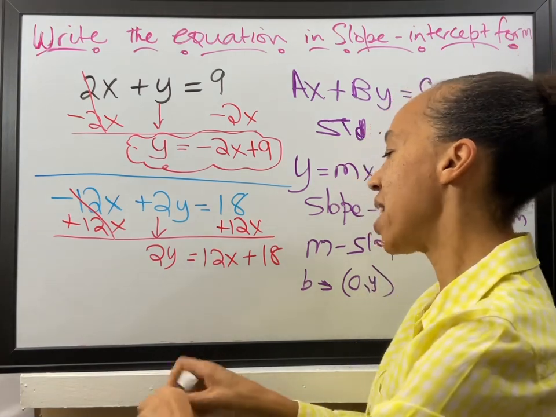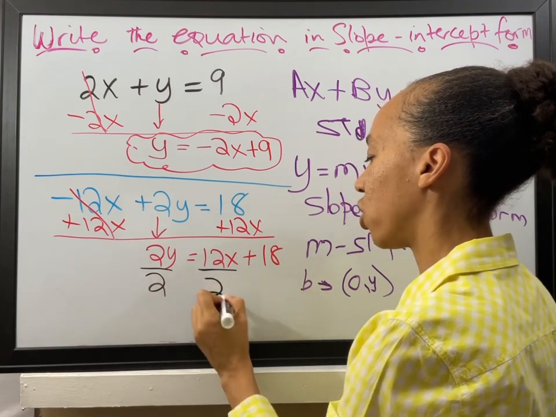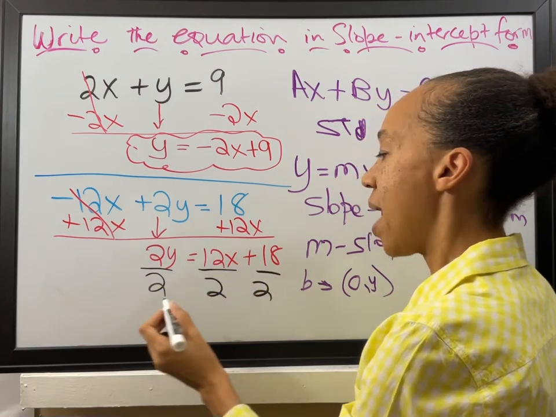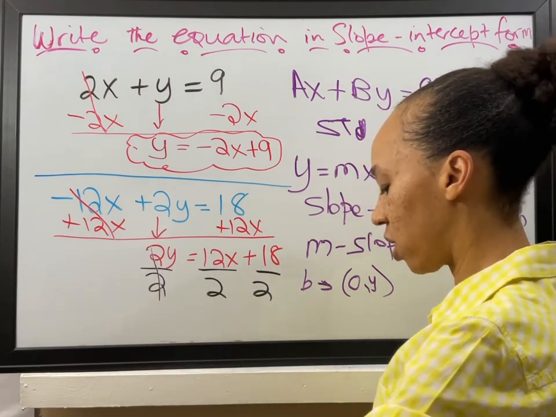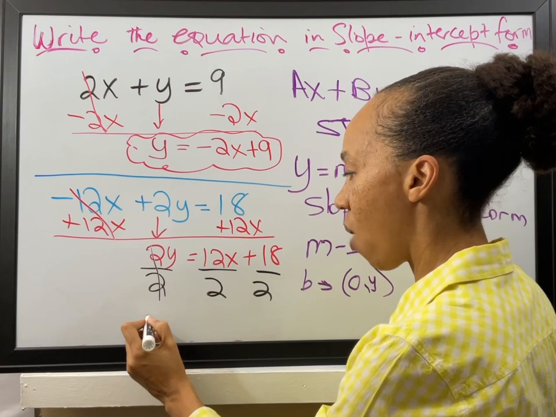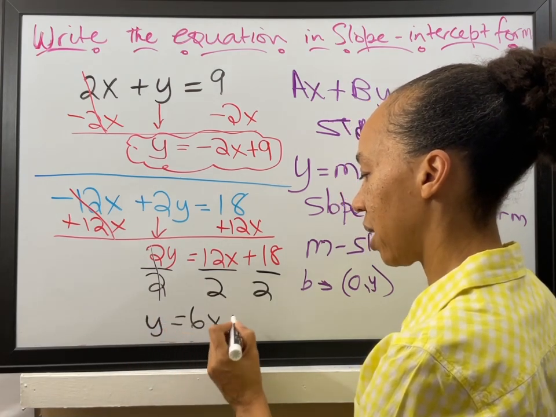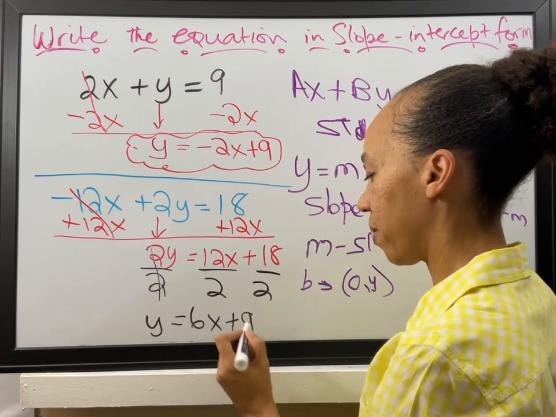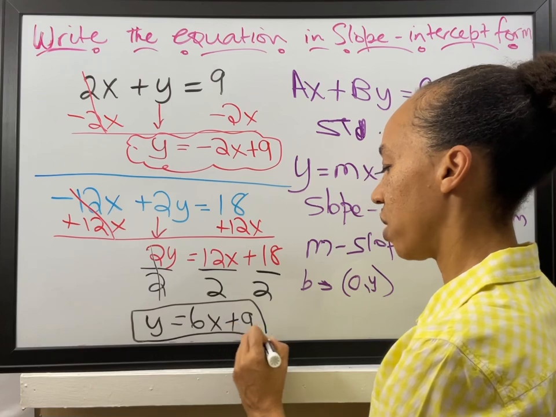So we're going to divide each term by 2. And so this is going to cancel out, and we're going to be left with, our answer is now going to be y equal 6x plus 9. And that is our answer. And you can just go ahead and you can box your answer. All right.